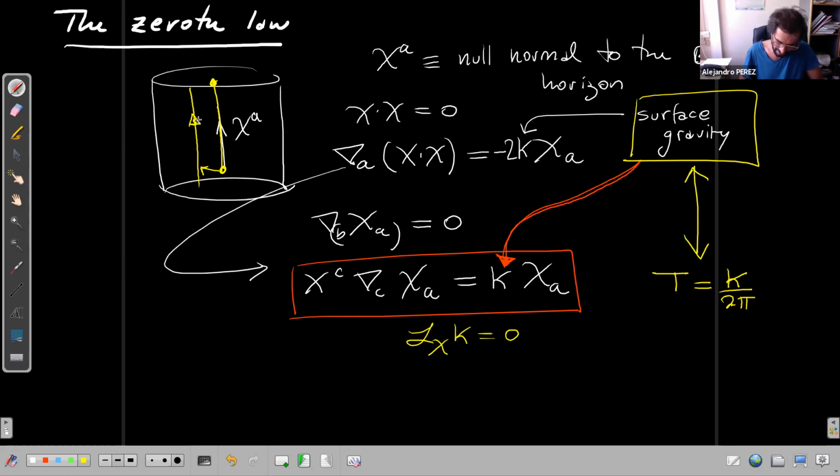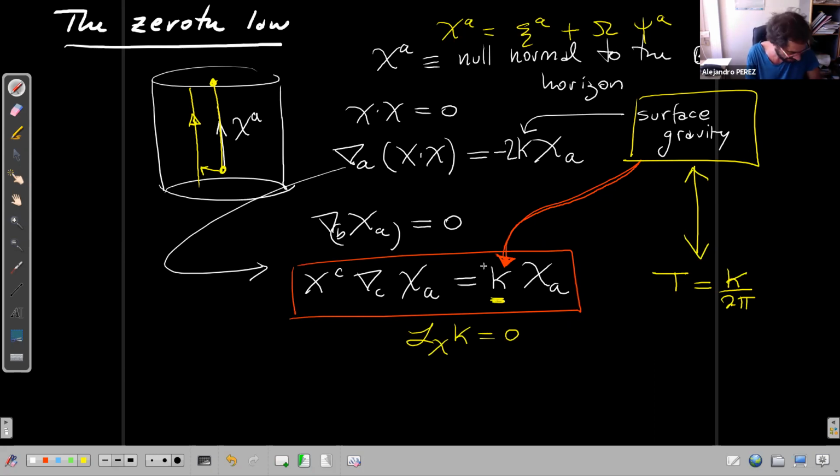You can also get that kappa is constant on the horizon by direct calculation. You just take chi, you know what chi is, you know the background geometry. You just compute this and you find that kappa is actually constant.